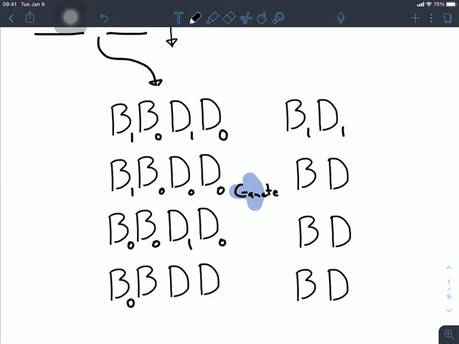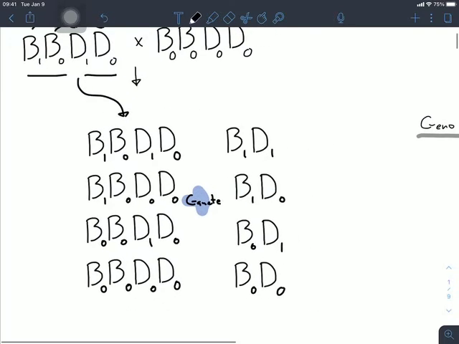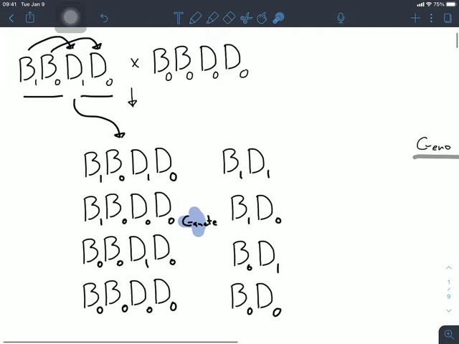And following that, literally all zeros. In this case, we would have a B1 D0, a B0 D1, and a B0 D0. So there we have the relationship between the progeny produced and the gamete donated by the heterozygous parent.